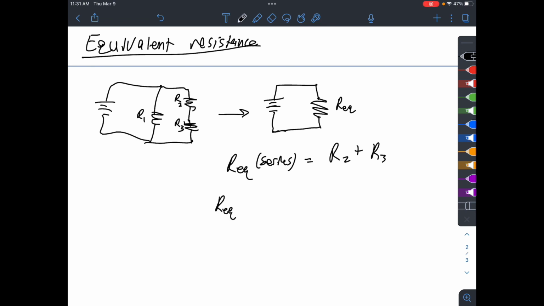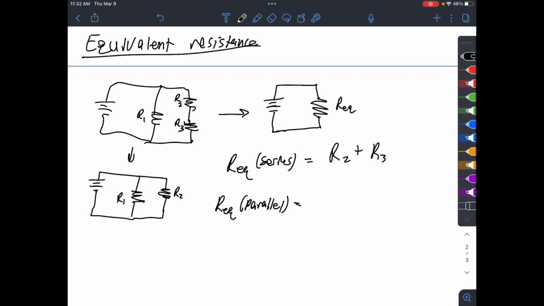The equivalent resistance for parallel components, so now I've simplified this a little bit. I still have R1 here. But now I've combined R2 and R3, so I have some kind of resistor that is R2,3, which would be R2 plus R3.